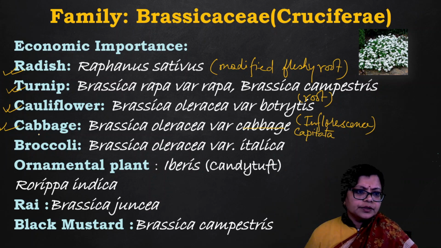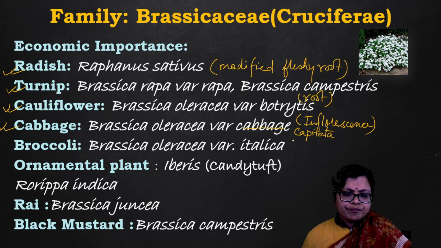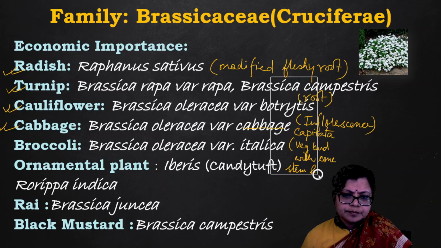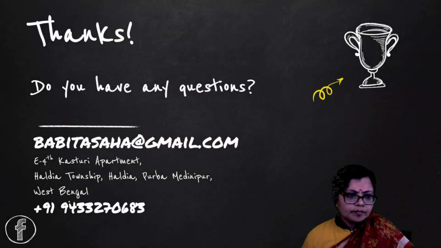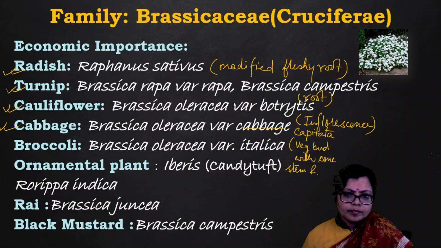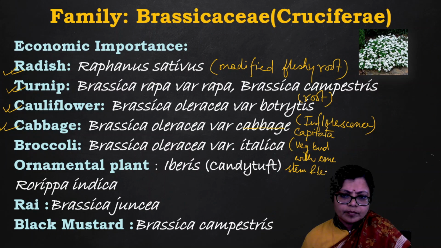So this cabbage is actually a vegetative bud with condensed stem and rosette leaves, compactly arranged leaves.